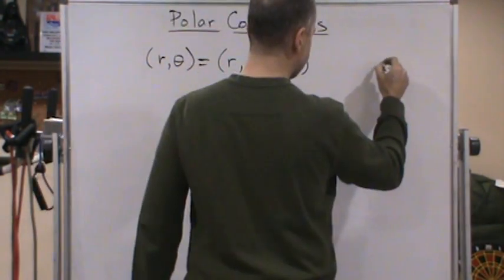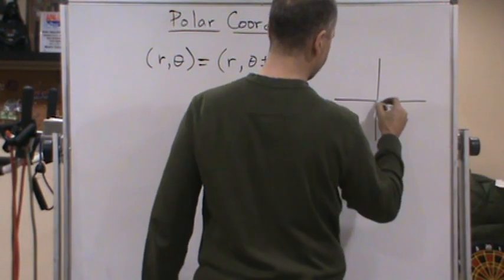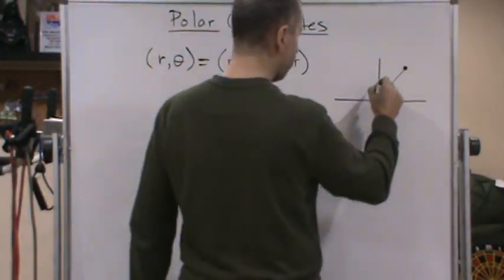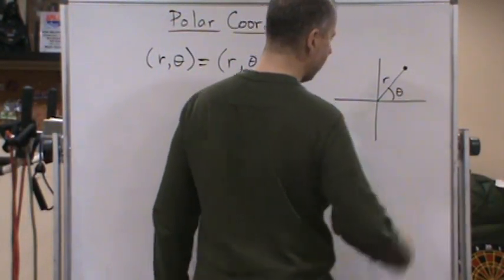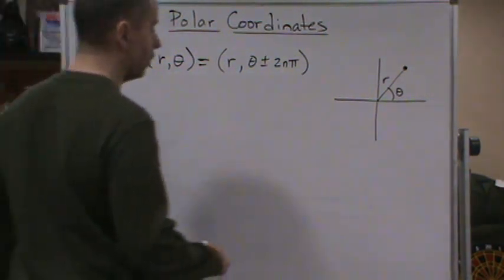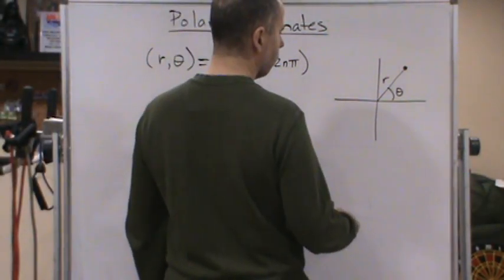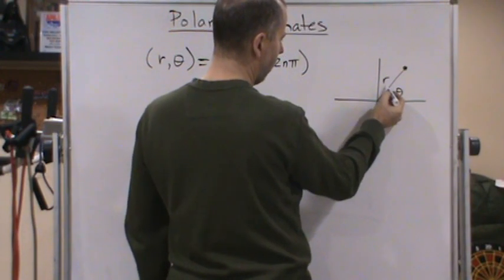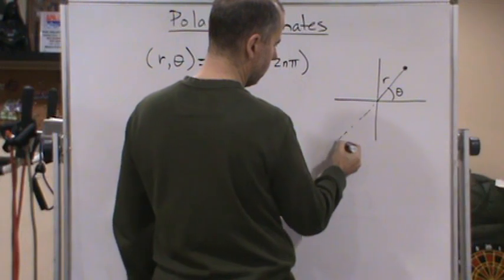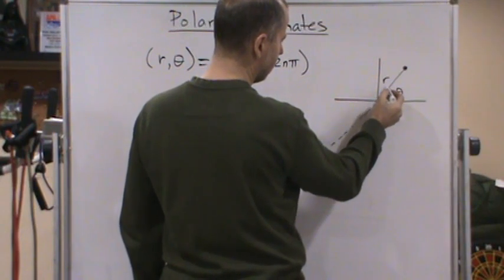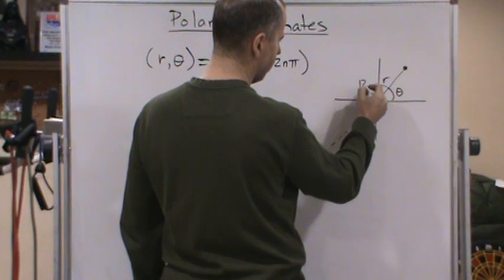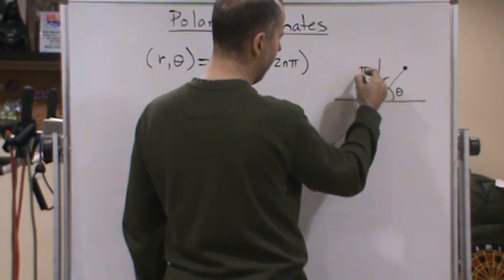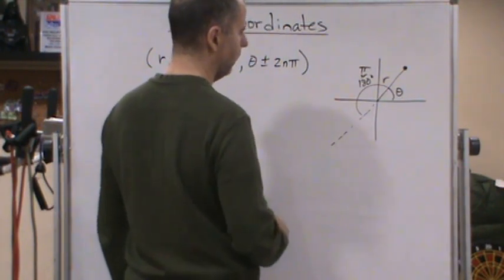And then let's say again we have our point, so here's r and here's theta. Now what if I go 180 degrees? So I take this and I go 180 degrees, which is pi.